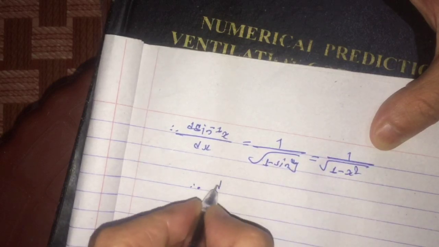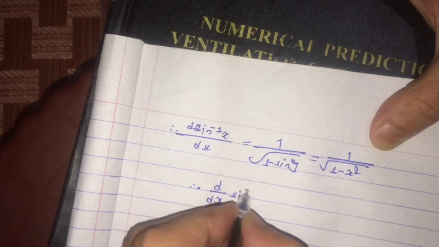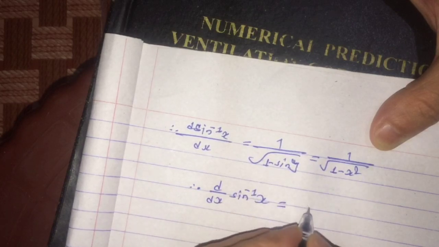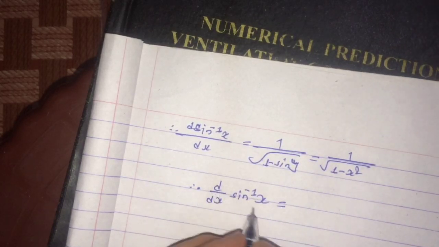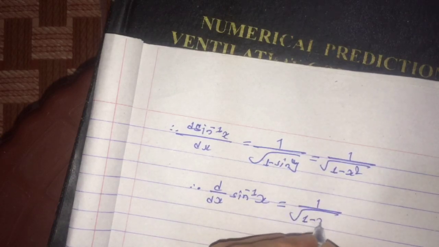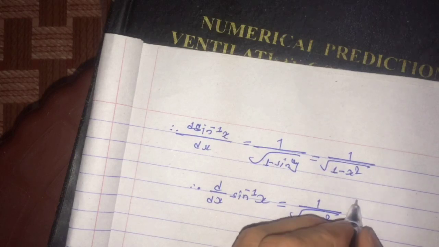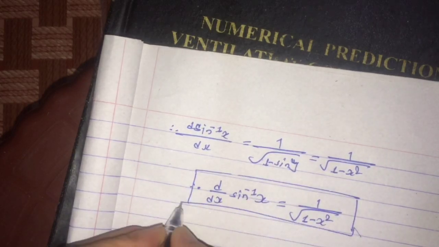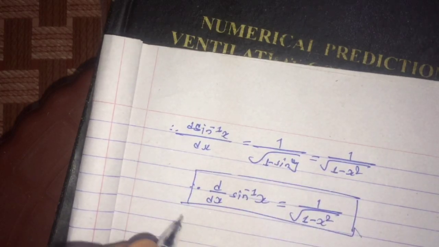It means the derivative of sine inverse x with respect to x is equal to 1 by root under 1 minus x square. This is how we can find the derivative of sine inverse x with respect to x from first principle.